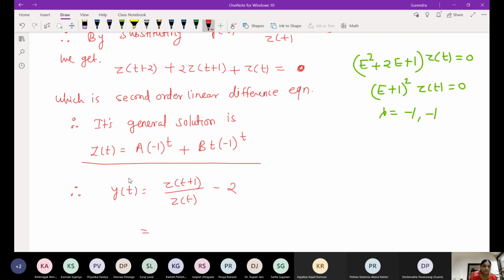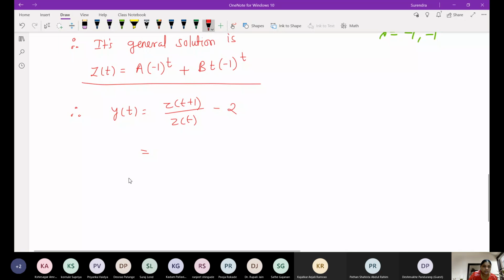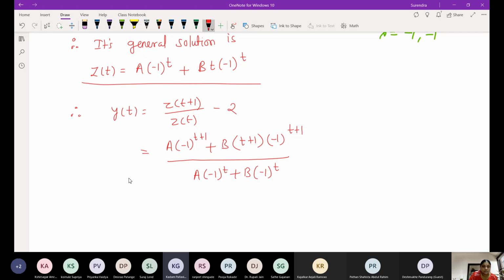So if I substitute here, what I will get? A times minus 1 raised to t plus 1 plus B times t plus 1 times minus 1 raised to t plus 1, divided by A times minus 1 raised to t plus B times t times minus 1 raised to t, minus 2.